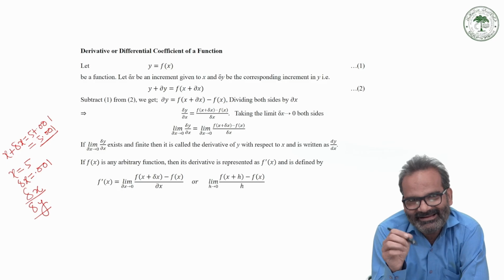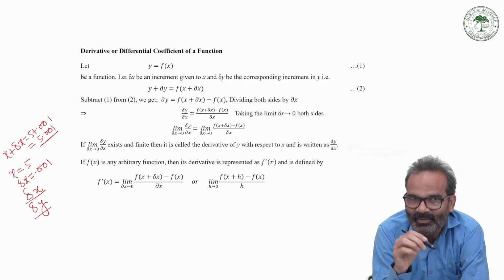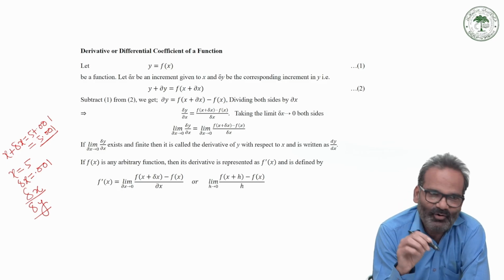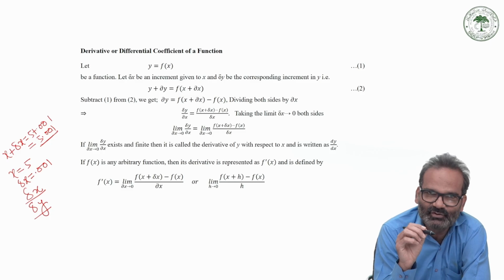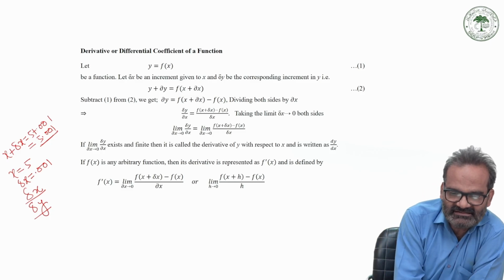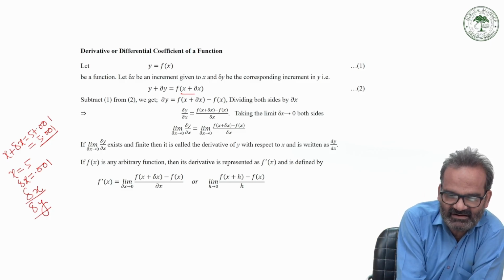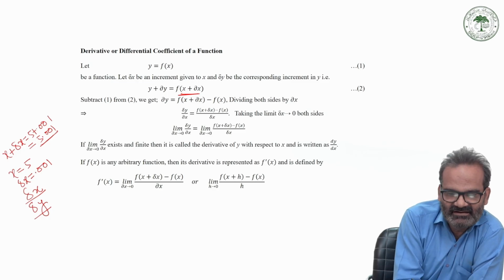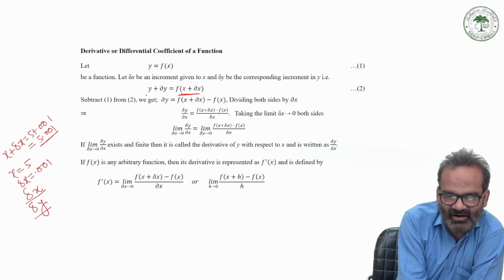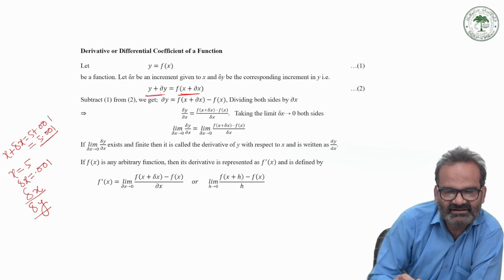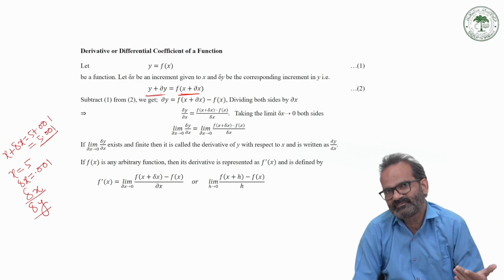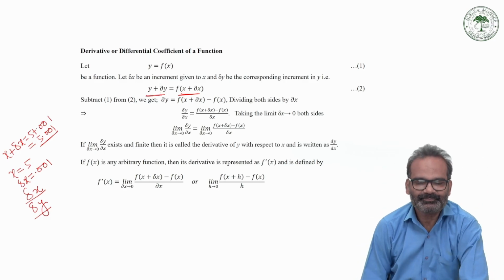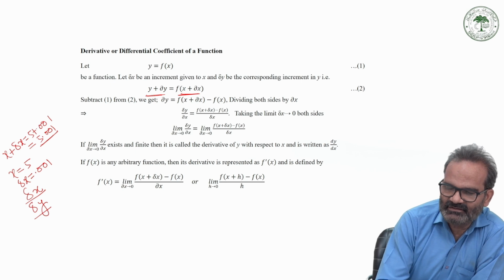So if we make any change in x, we know by the definition of a function, the corresponding change in y will also be noticed. So if x is changing from x to x plus delta x, then naturally y will also change. Say y is changing from y to y plus delta y. Delta y is the corresponding change in y. We take this as equation 1 and this as equation 2.